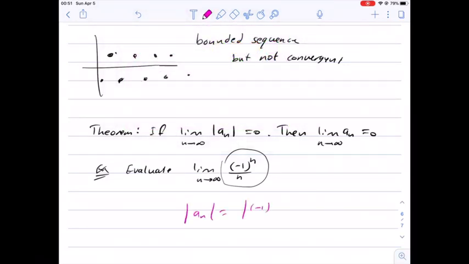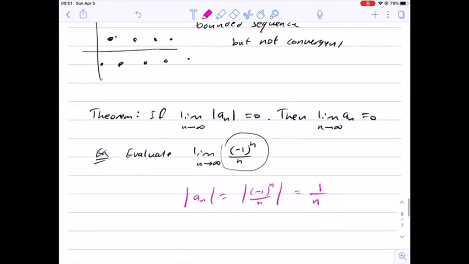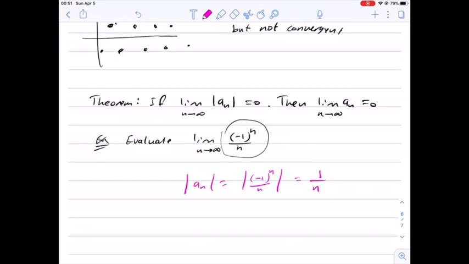So the absolute value of a sub n is the absolute value of -1 to the n over n, but we know that -1 to the power n gives us -1, 1, -1, 1, -1, 1, etc. Under the absolute value, this is always equal to 1, because if it gives us -1, the absolute value of -1 is 1, and the denominator stays the same, n. So the limit of 1 over n as n goes to infinity.